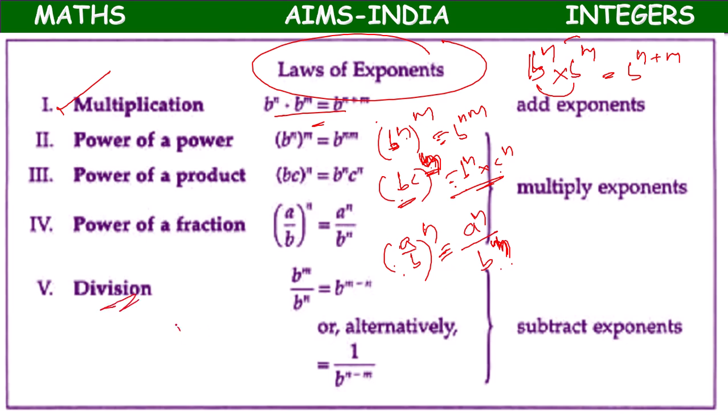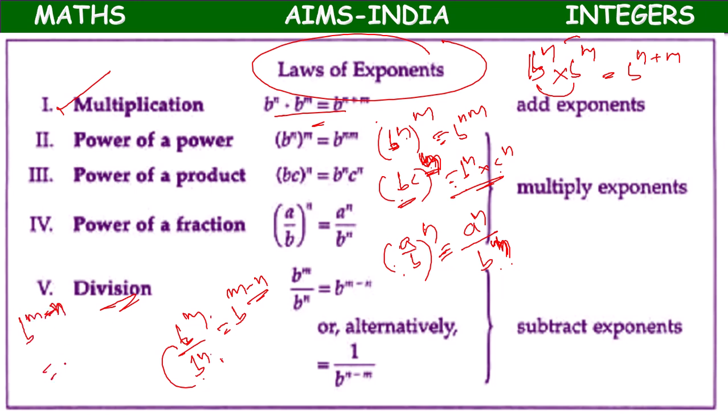Or division: b power m by b power n, same base. If division is involved, then the power is the subtraction of the individual powers, b power m minus n.